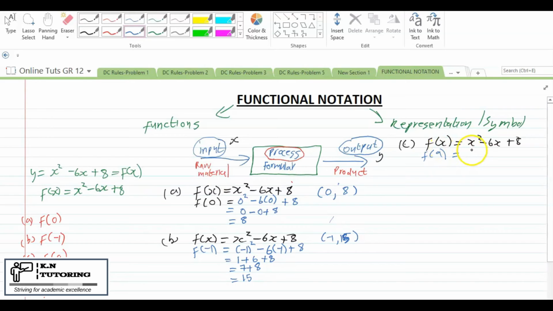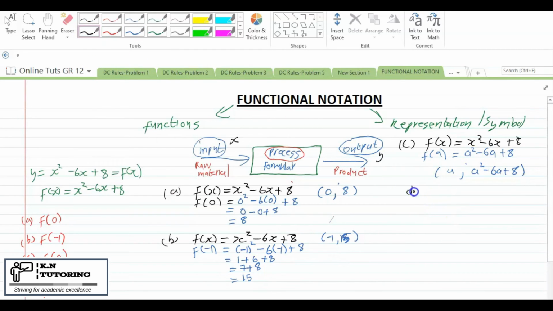So there's nothing new here, and all I have to do is say a squared minus 6a plus 8. I can't simplify this any further. So my coordinates will be, when my x is a, my y value is a squared minus 6a plus 8.